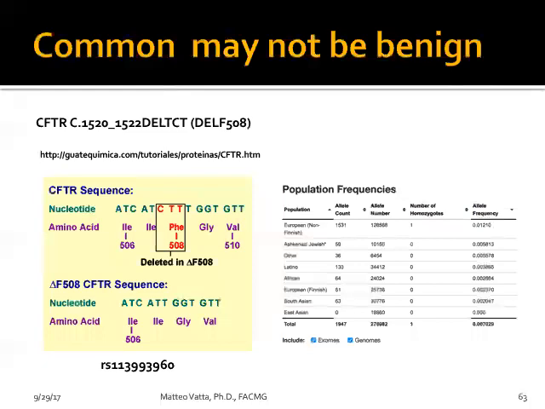Correct. So as I said, frequency does not always correspond to the ability to determine the classification of a variant. One of the most common variants is the Delta 508. Look at this gnomAD.